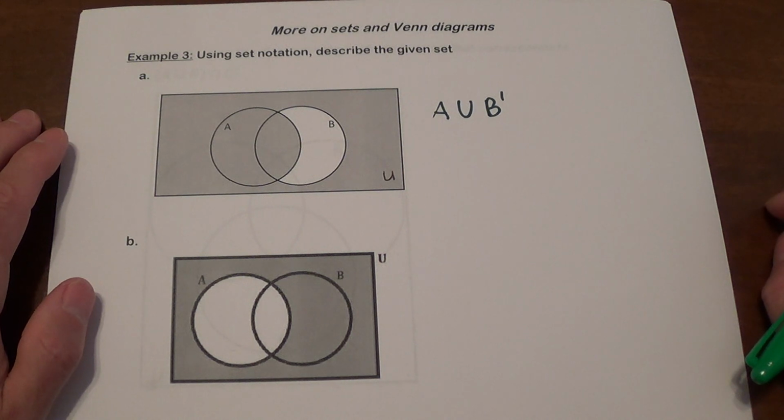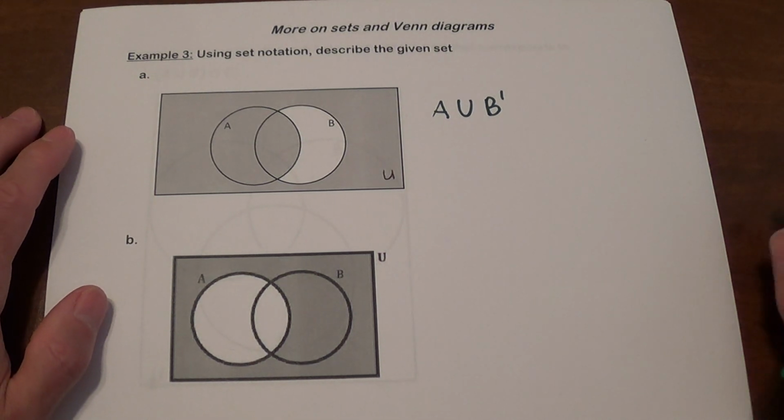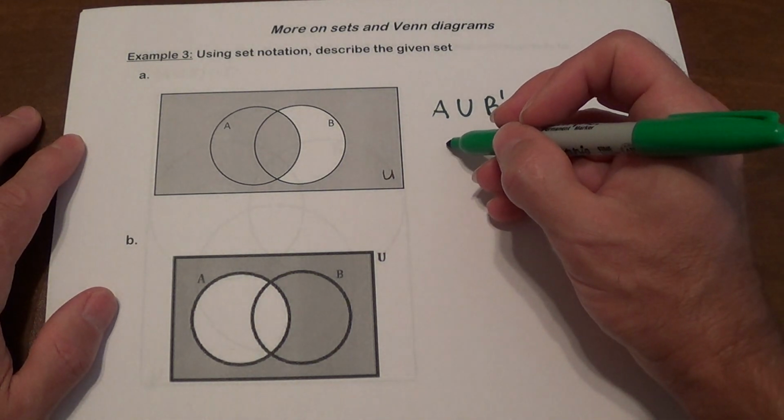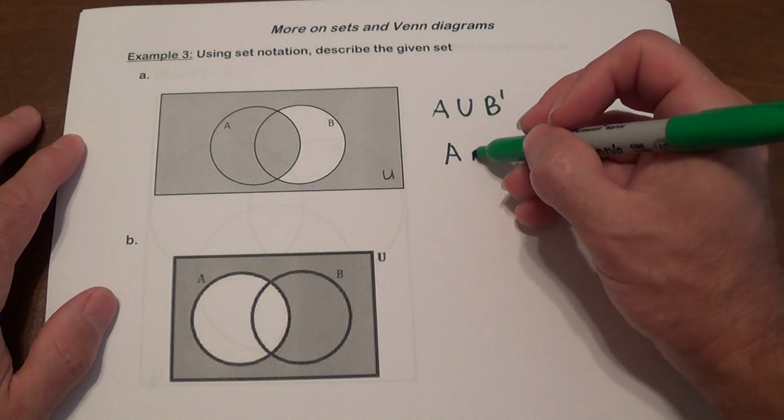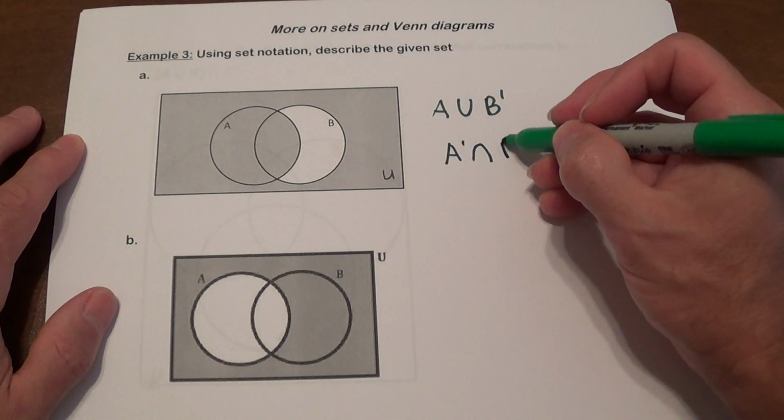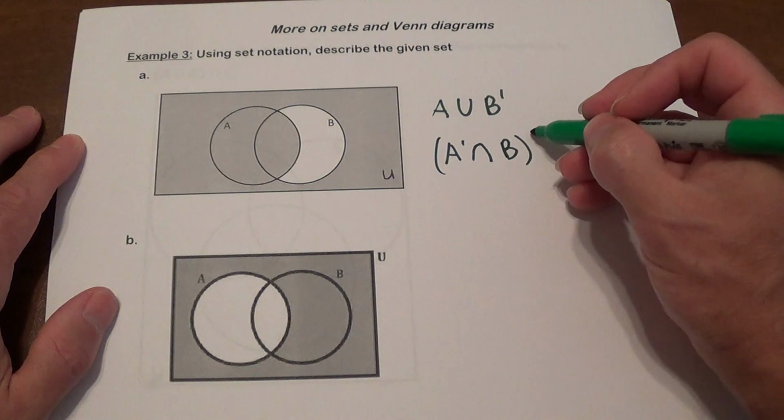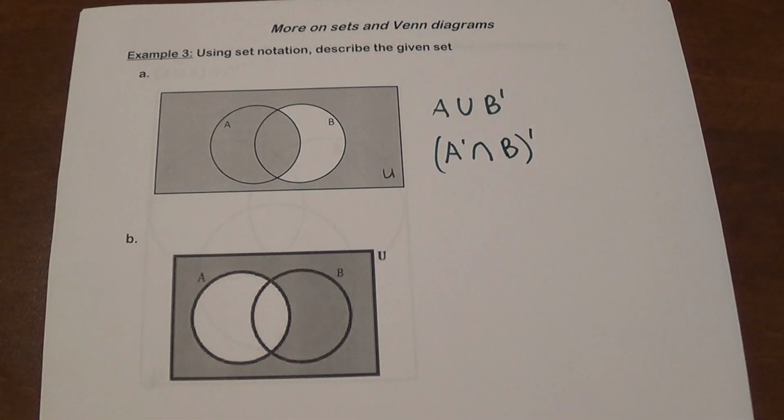There's another way to write that. I'm just going to throw it out there so you can see it. You can actually write that as the complement of the intersection of the complement of A and B. That's another possible way of writing that, but that's a little bit more advanced maybe at this point.